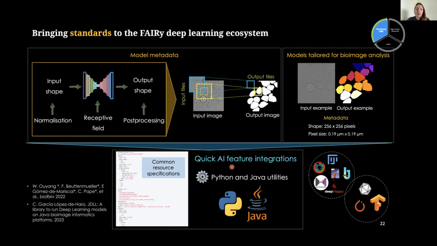So what we provide now is Python and Java utilities. One is the BioImage IO core library, and the other one, where Jan did an impressive contribution, is called the Java Deep Learning library. And with these 2 programmatic tools, what we allow is to consume this format in all this software and from any of the deep learning libraries that we use to train or to create these models.